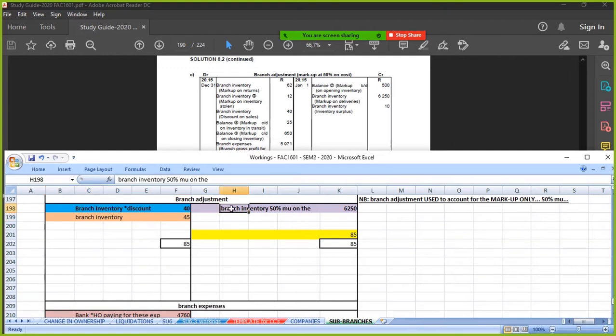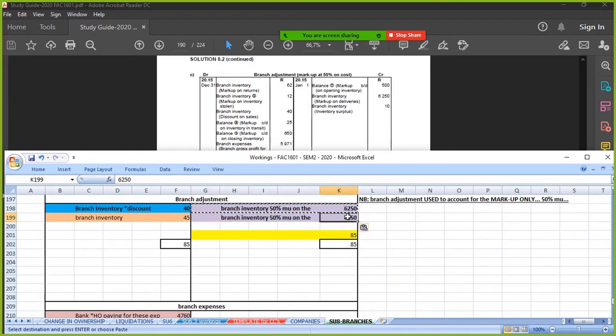So branch inventory, again, we need another line item. Okay, this is going to be 1,500 times 50 over 150. Okay, that gives me how much? That gives me 500. Okay, that's where they're getting that figure from. Okay, it's the markup on the inventory from the opening balance.